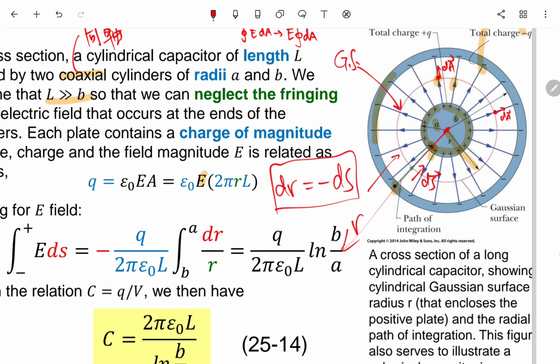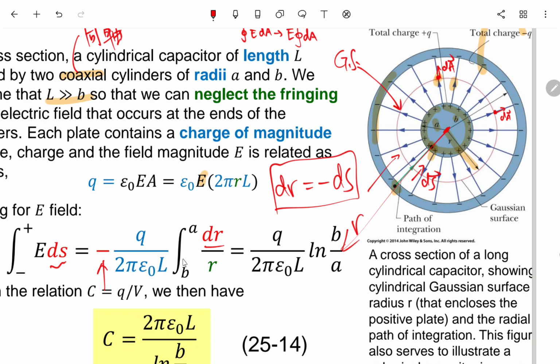So if we change it to dr, we have this negative sign here. Okay, so r is this integration variable. So we put r inside this integration sign and then all the other variables in the front.